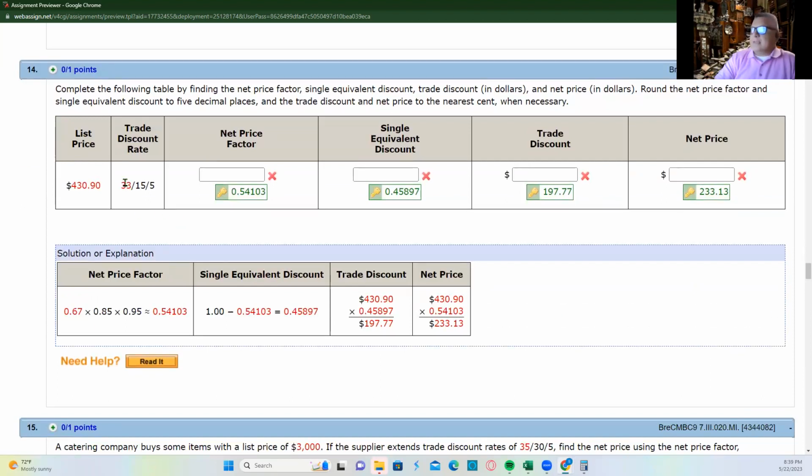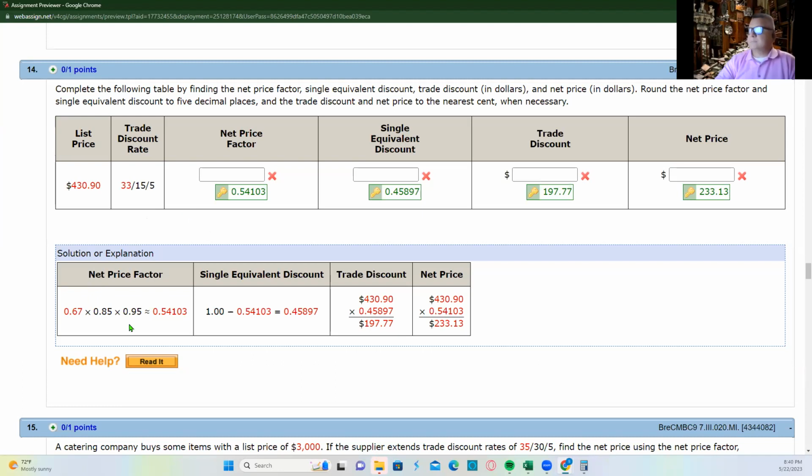Now, once again, our trade discount rate is a 33, a 15, and a 5. And okay, there we go. That's how we used to refer to it, as what's your discounts? You get a 33, a 15, and a 5. Okay, that's kind of the lingo for it.